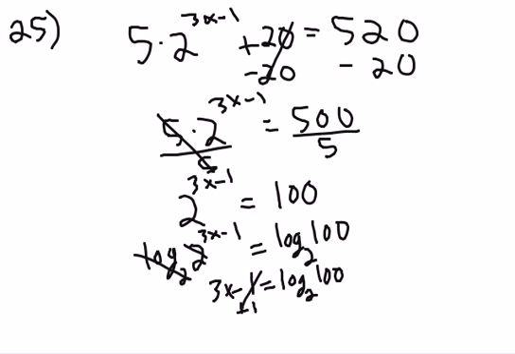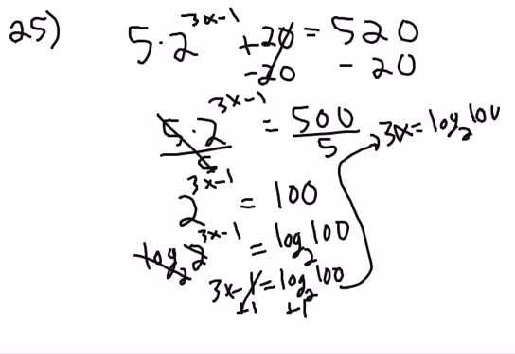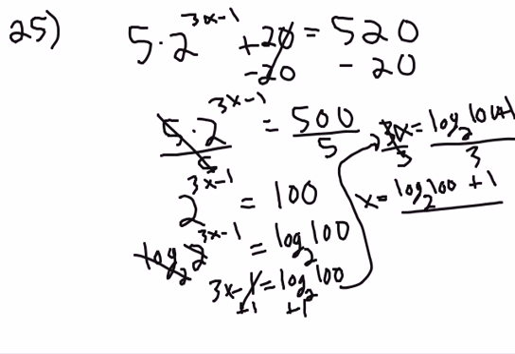Add 1. Let's continue this up here. 3x equals log base 2 of 100 plus 1. And divide by 3. Okay, and one common mistake here, make sure you do not add 1 plus 100 here. This is log base 2 of 100 plus 1, and then all divided by 3.